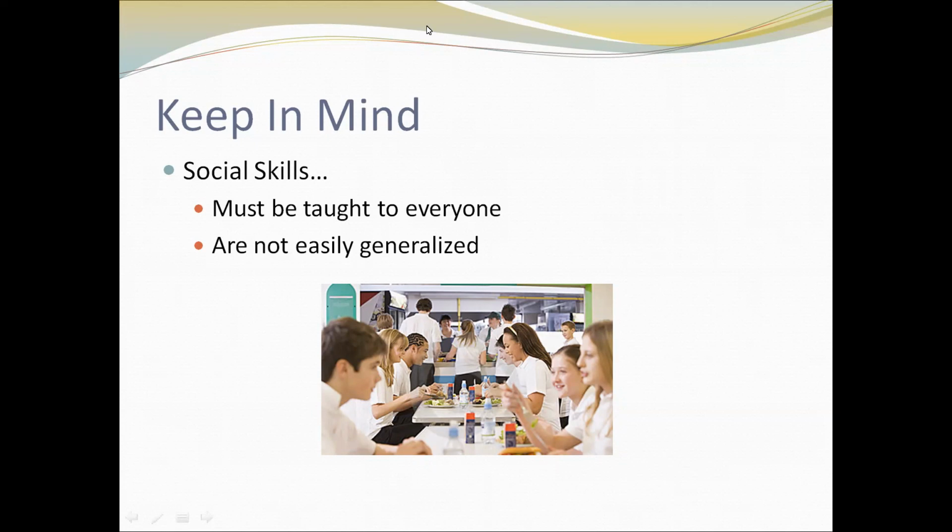Some individuals need extra reinforcement, so it could be tangibles, it could be praise. The biggest thing to keep in mind is the reason why we engage in social interactions is because we find some part of that interaction reinforcing, like catching up with an old friend, or talking with even our siblings. We find that interaction reinforcing, and we have to teach that skill to our individuals, to our children that have intellectual disabilities and autism.